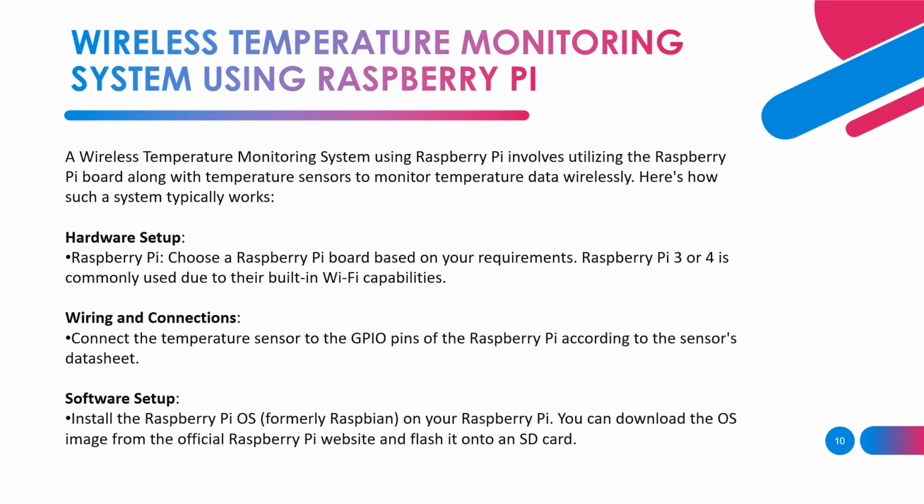Write a Python script to read temperature data from the sensor connected to the Raspberry Pi. Use libraries like GPIO, Adafruit_DHT or W1 thermsensor to interface with the sensor and read temperature values. Wireless transmission.